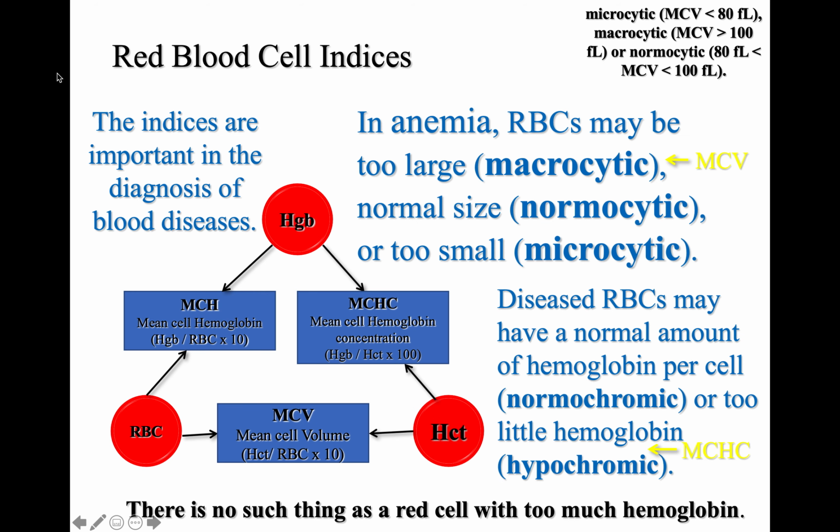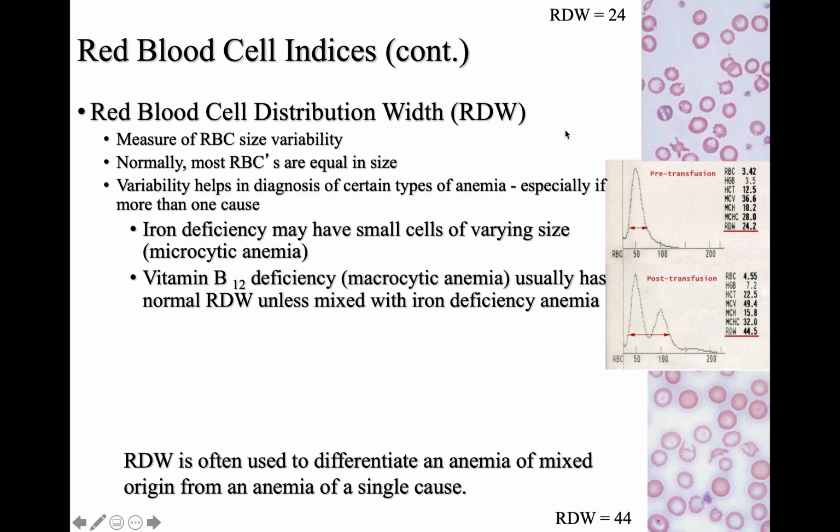And then going on with our red blood cell indices, we need to move on to what is an RDW. It's the red blood cell distribution width. It measures the red blood cell size and variability. Normally, most red cells are equal in size. Most. Variability helps in diagnosing certain types of anemia.